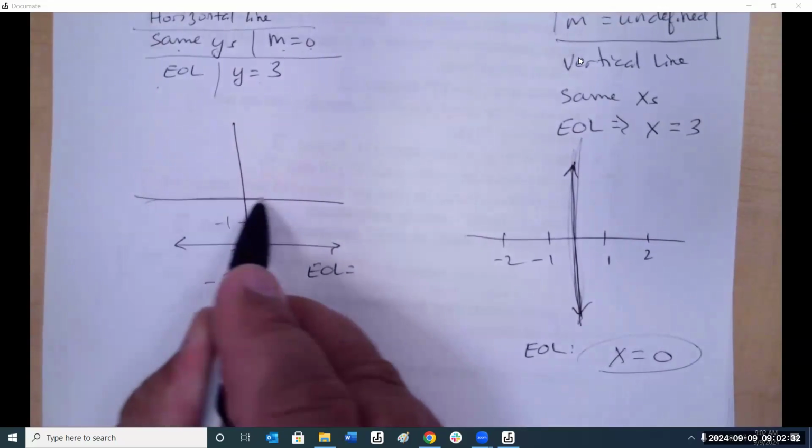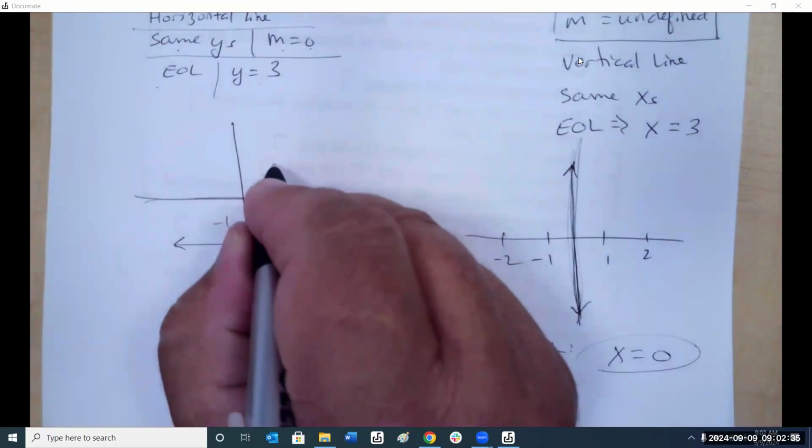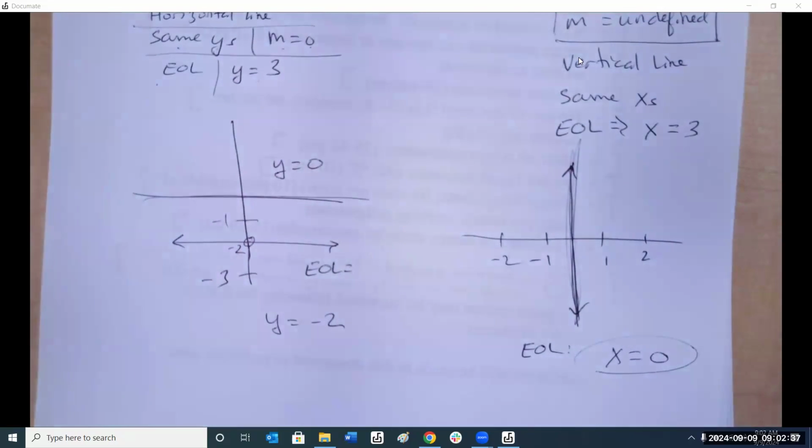The horizontal axis is the equation y equals 0. But that's neither here nor there. Well, it's part of the lecture now. It was supposed to be a review, but that's okay. Whoever asked me that, I'm glad you did. This needed to be gone over.